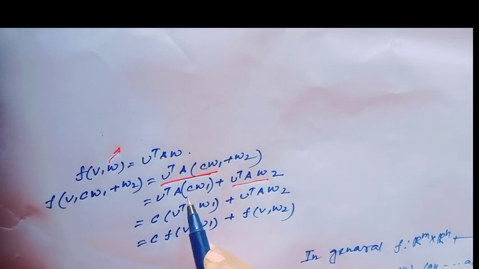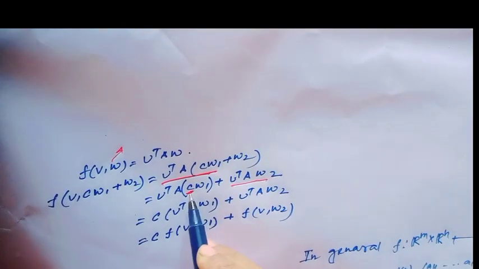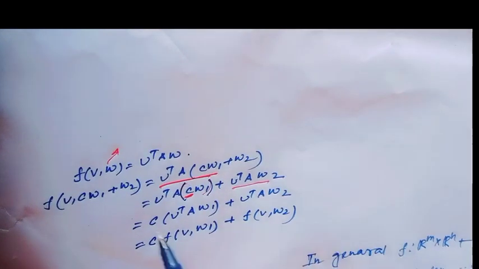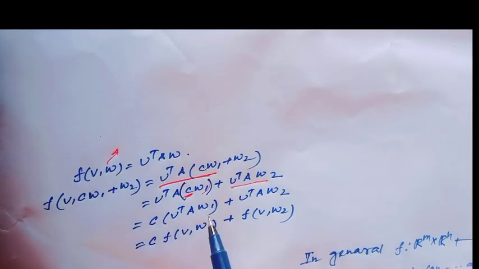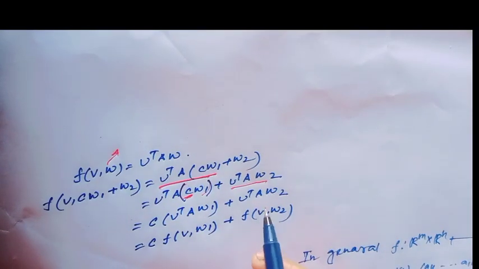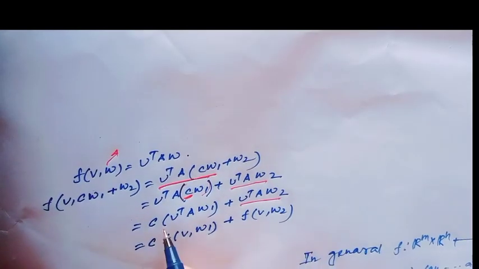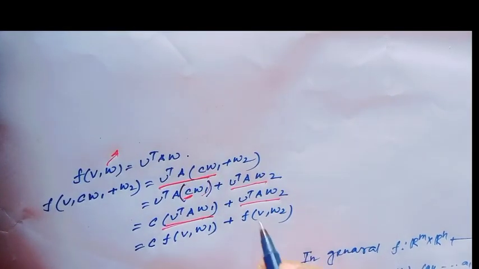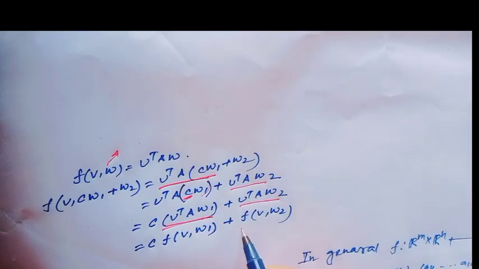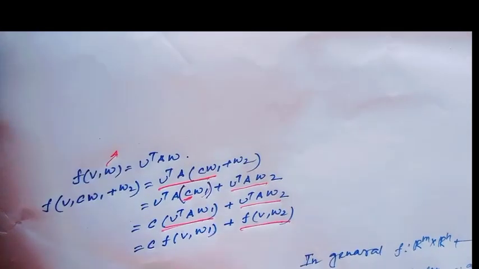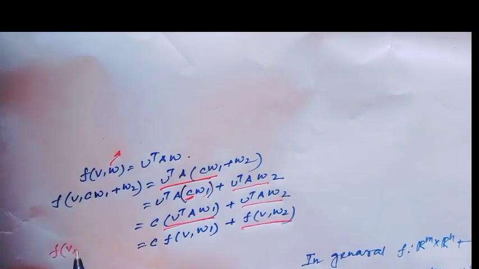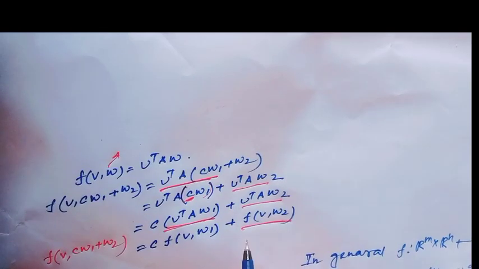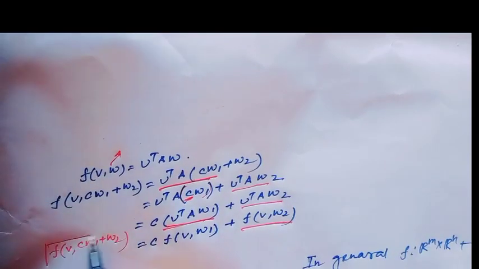Now since c is a scalar, just pull c outside the bracket. Then this would be c times V transpose Aw1 plus V transpose Aw2, and V transpose Aw1 means f of vw1 and V transpose Aw2 means f of vw2. That means f of v comma cw1 plus w2 equals c times f of vw1 plus f of vw2.